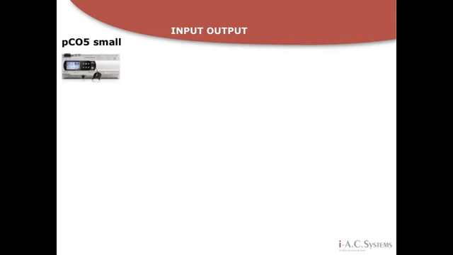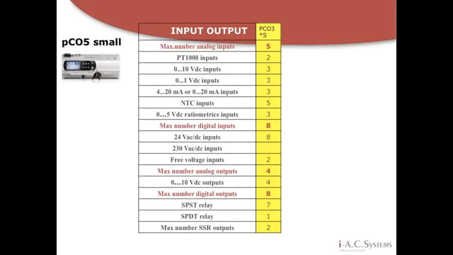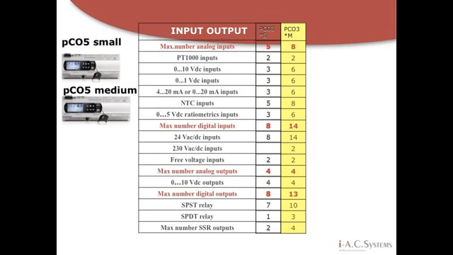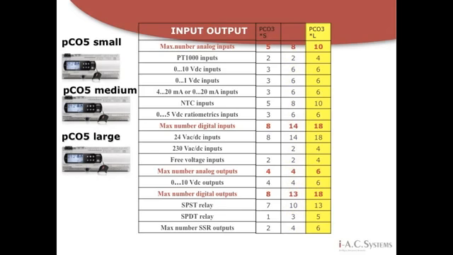The pCO5 control platform comes in three sizes: the small, with about 25 physical control points, 5 sensors, 4 analog outputs for dampers and valves actuators, the medium, with about 40 control points, the large, with 52 physical control points for each air handling unit.